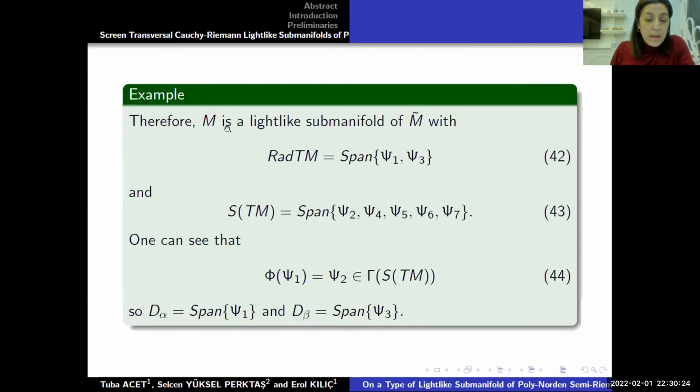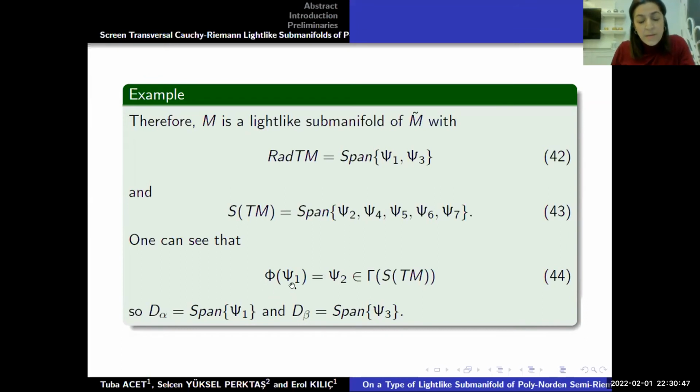Here, M is a lightlike submanifold, and its radical distribution and screen distribution are given like this. The first one is spanned by psi1, psi3, and the screen distribution is spanned by these 5 sections.